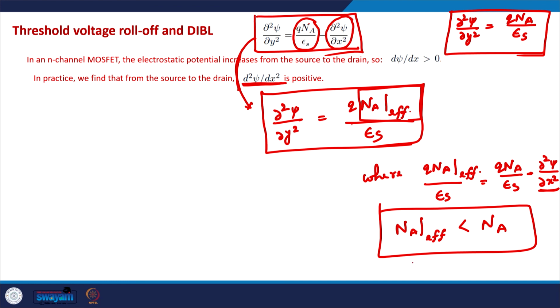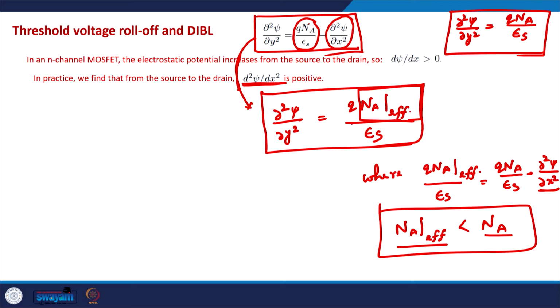So, the 2D electrostatics effectively reduces the doping of the semiconductor. Now in all the expressions that we have seen for the threshold voltage and the depletion width, we need to replace Na by Na effective. So, that is the impact of the 2D electrostatics.